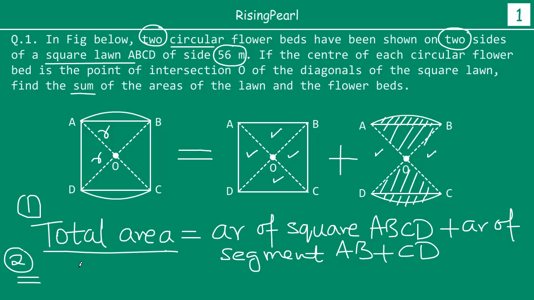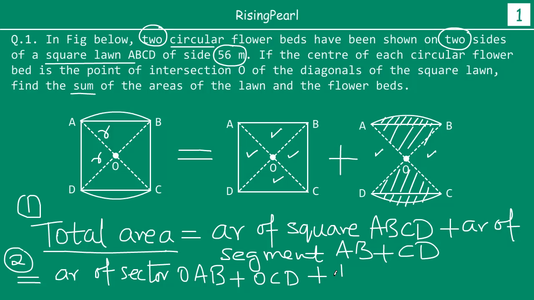In other words, instead of saying area of segment, we can say area of sector OAB plus area of sector OCD plus half area of square ABCD.